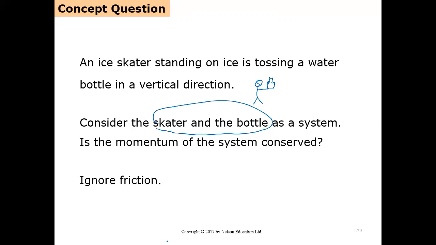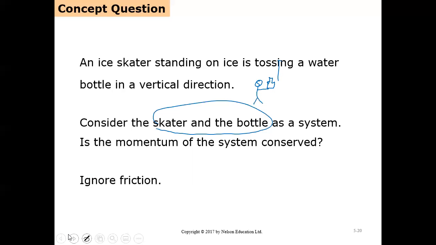Now this skater is throwing the water bottle up, tossing it up. When she does that, also ignoring friction, is the momentum of the system conserved? That is the question. So we have to immediately remember, we have a system.